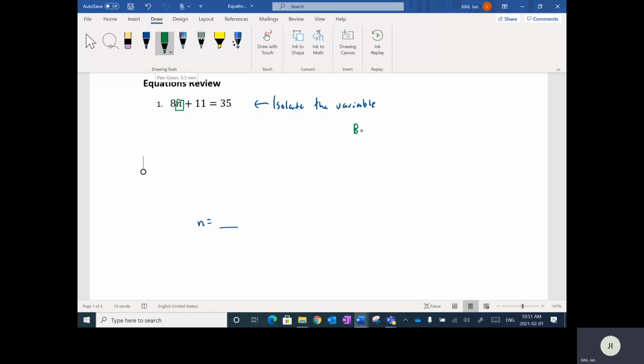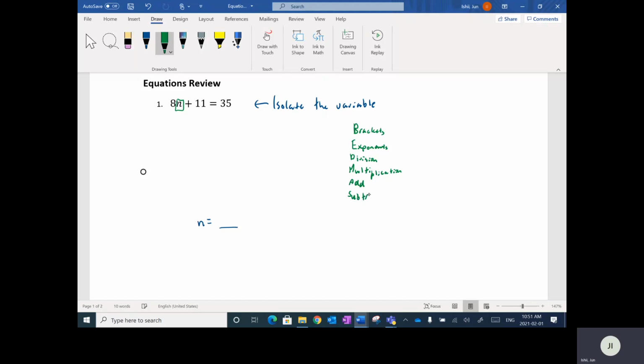In order to do this, we need to recall the order of operations. You probably remember BEDMAS. Hopefully you do. BEDMAS stands for brackets, exponents, division, multiplication, addition, and subtraction.